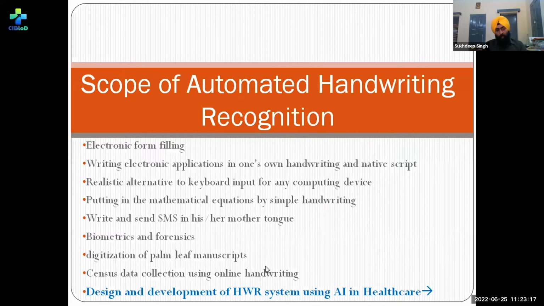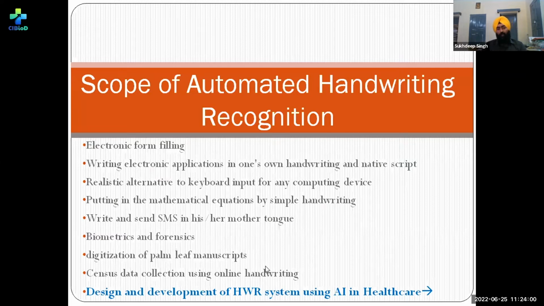In education, handwriting recognition has the advantage that while a mathematician or other teacher is writing on the board, his or her handwriting is directly converted to typed text, and that text can be used as notes for students. We can write SMSs in our mother tongue, and handwriting recognition tools are also useful in biometrics, digitization of palm leaf manuscripts and census data collection. So there are n number of areas where handwriting recognition can be used.